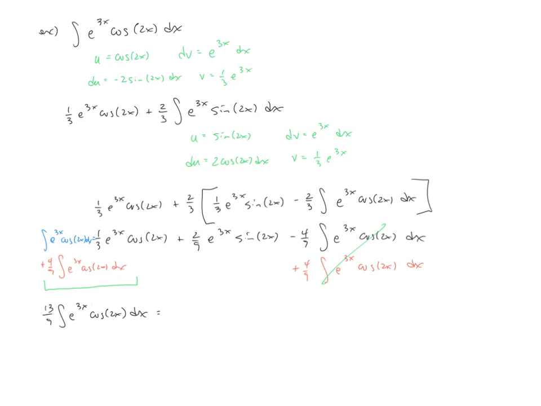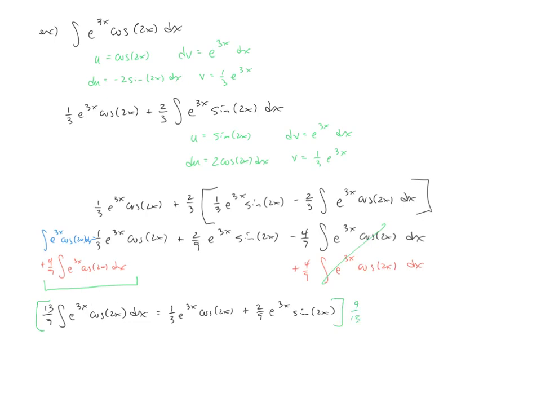So I'll have my 1/3 e to the 3x cosine 2x plus 2/9 e to the 3x sine 2x. And finally, if my goal is to get this integral all by itself, then I can just multiply both sides by 9/13, and I'll have my answer.